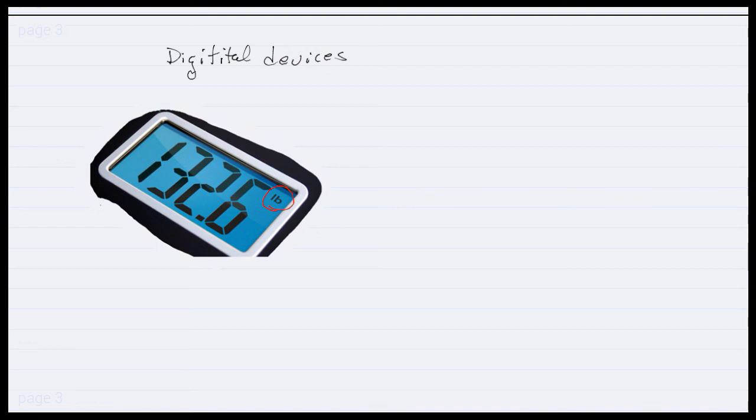So, for a digital device, the least count, or at least for this particular case, is going to be 0.1 pounds. It's the smallest digit that we are given in the display, which is, in this case, 1/10 of a pound.